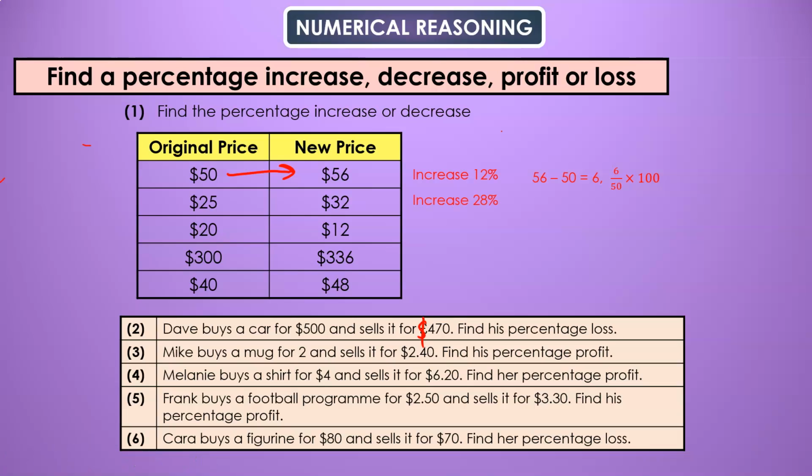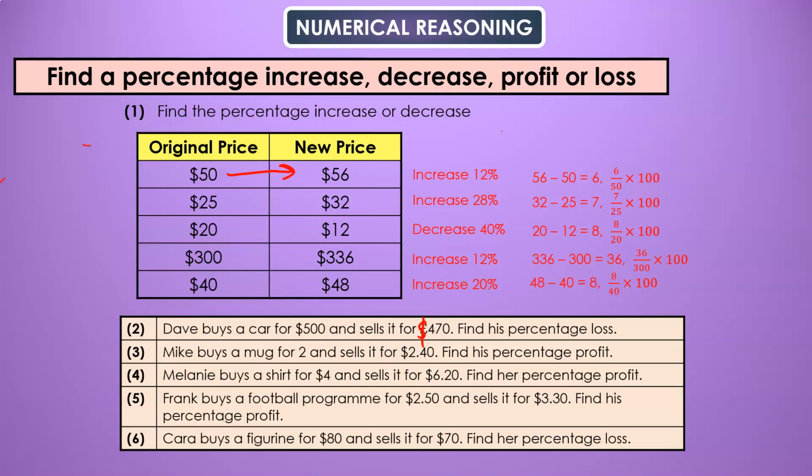Next one's 28, an increase again. Then 20 to 12 is a decrease of 40%, and you can see the calculation. 30 to 36 is increased by 12, and increased by 20 as the last one. So there's only one decrease there.